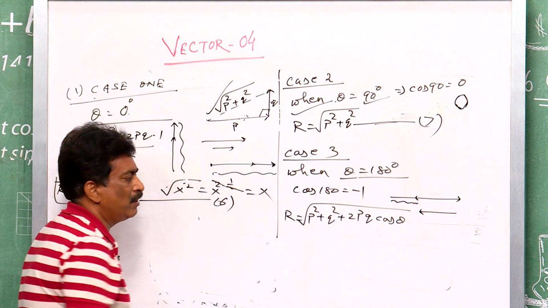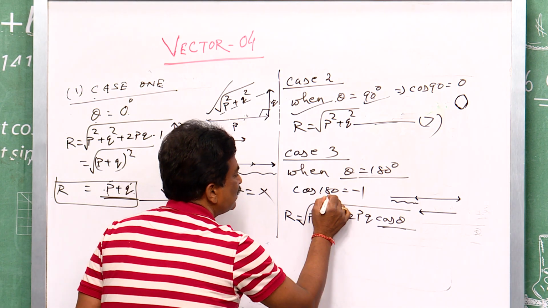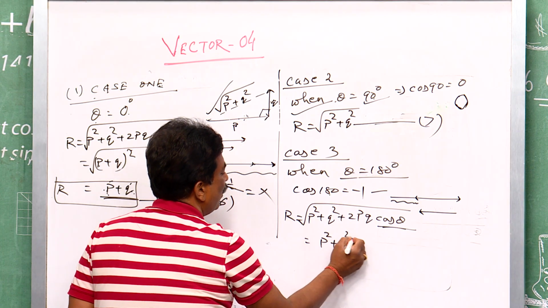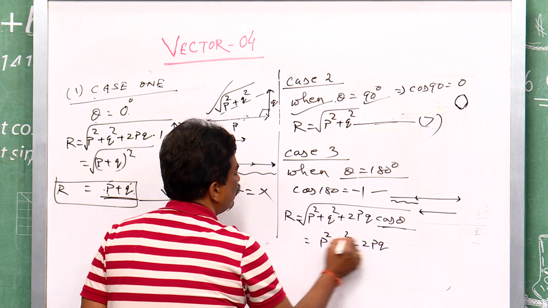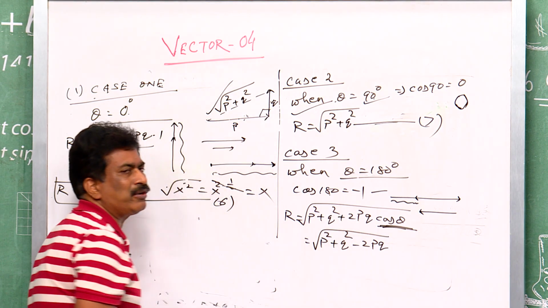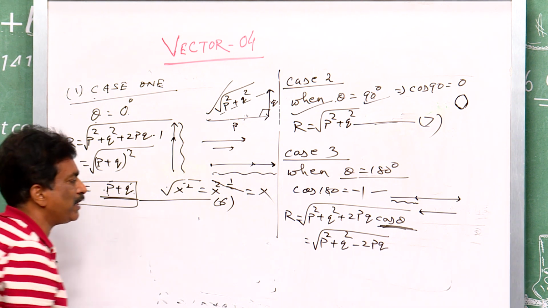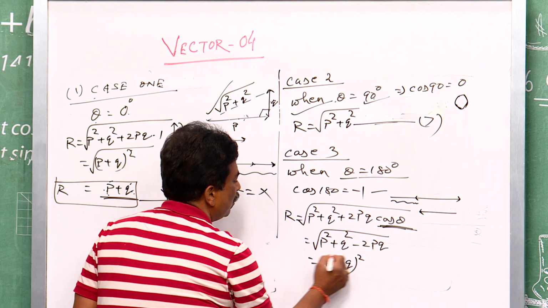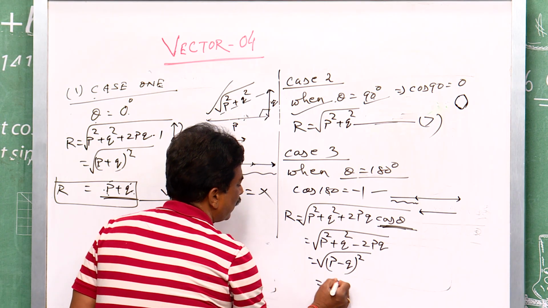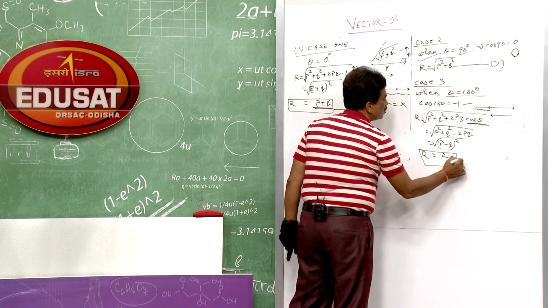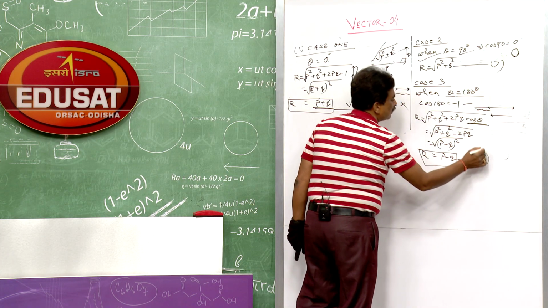But cos theta is cos 180, that is minus 1. So, this is the square root of p square plus q square plus 2pq times minus 1, which is minus 2pq. So, this is equal to the square root of p minus q whole square, that is equal to p minus q. So, r is equal to p minus q. This is equation number 8.